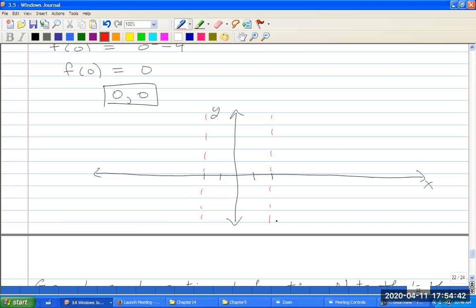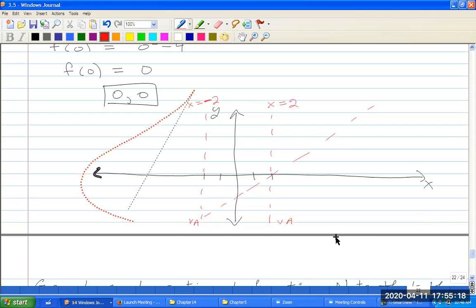So here are my vertical asymptotes, -2 and +2. No horizontal asymptote, but there is a slant asymptote. Oh, there's no way I can draw this because it's got to go way down there.